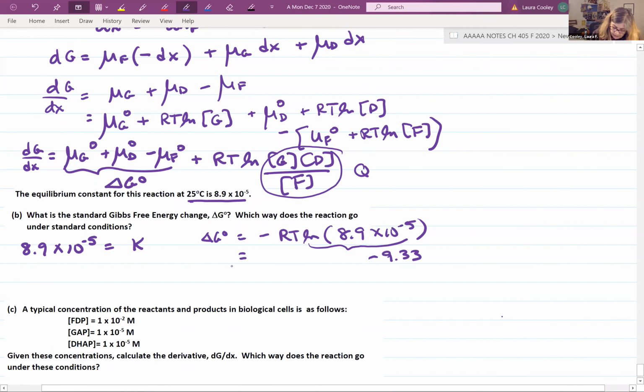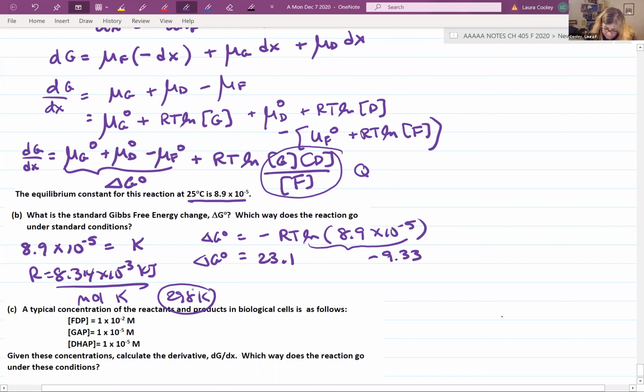So this is negative. So the delta G0 is positive. It's 23.1. So I put in R is 8.314 times 10 to the negative 3 kilojoules per mole Kelvin, 298 Kelvin. Okay.